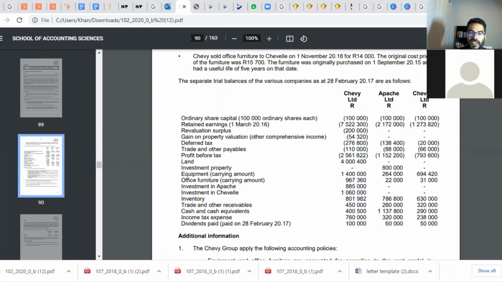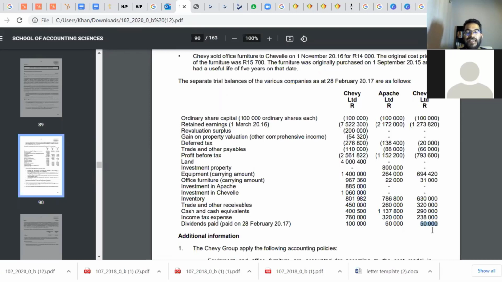So remember, of the 60,000 Rand that APAC pays, 70% of that is sitting in Chevy's other income. And 65% of this is sitting in Chevy's other income. So remember, you have to eliminate dividend income as well.